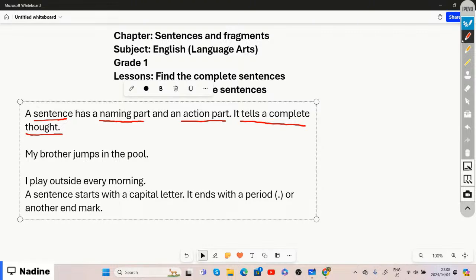For example, if we look at a sentence and a fragment, we can say, my brother jumps in the pool.